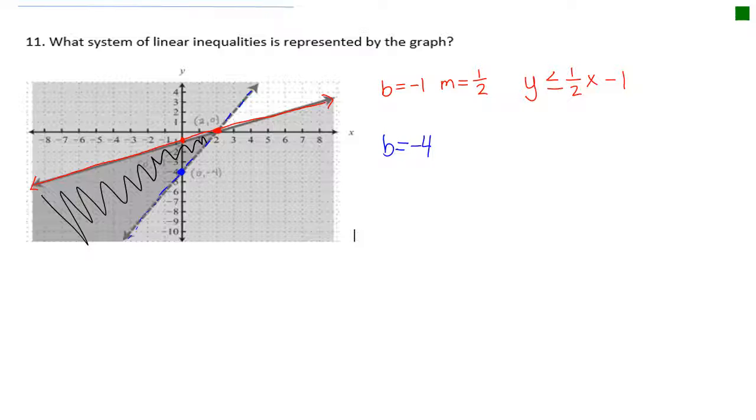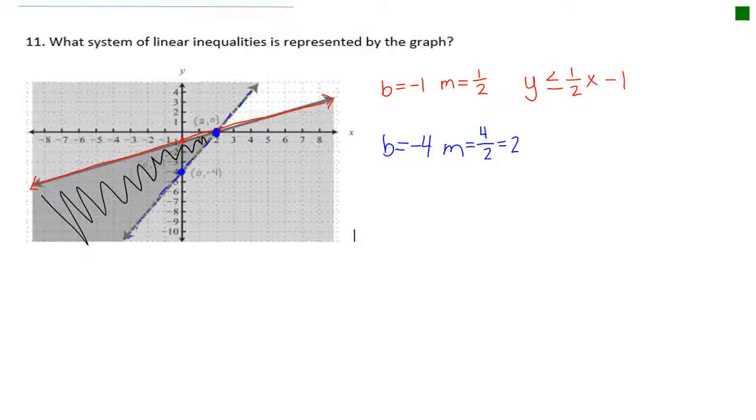Since our graph goes through this same nice ordered pair of (2, 0) here, we can use this to help us find our slope. So we go up 1, 2, 3, 4, and to the right 2. So up 4 to the right 2, and that reduces to 2.